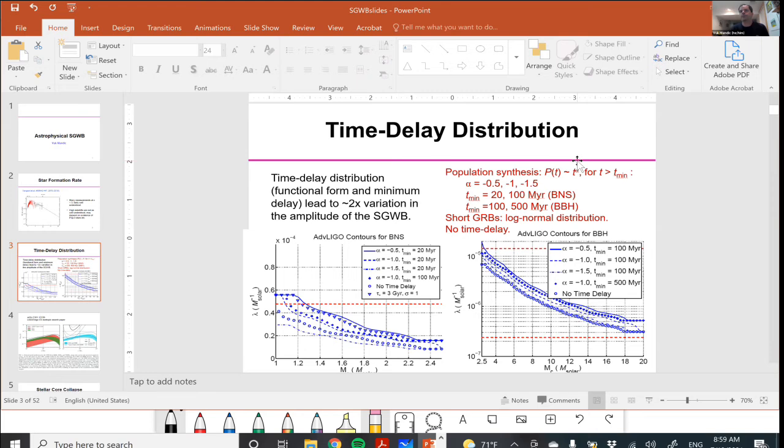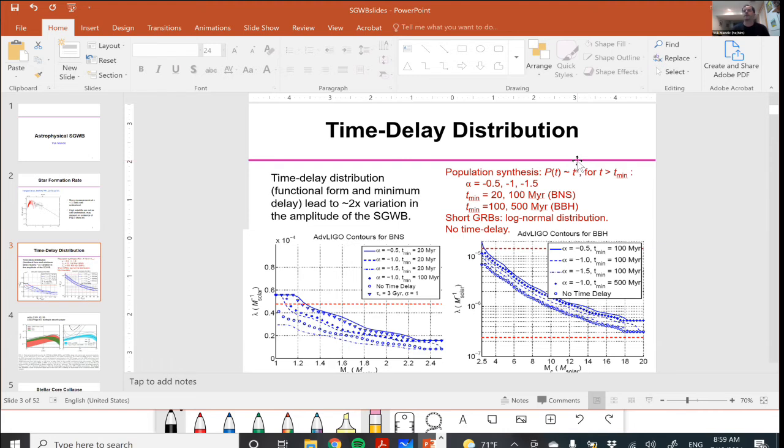So of course, if you say that the minimum time delay is 1 billion years, then there will be no mergers and you will see no background, right? If you push your time delay model to extremes, you can make very large differences in the prediction of the omega GW.